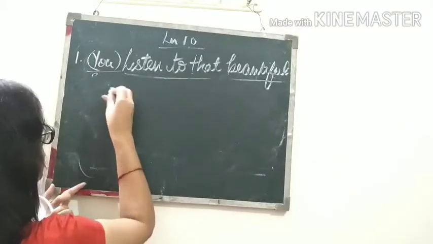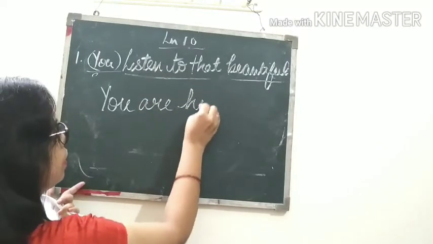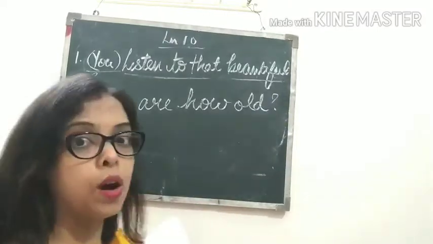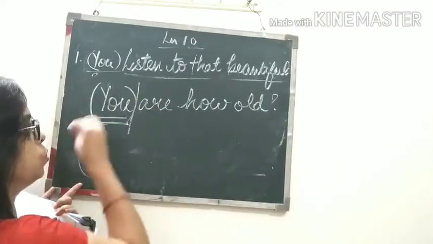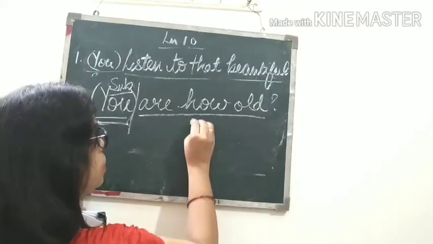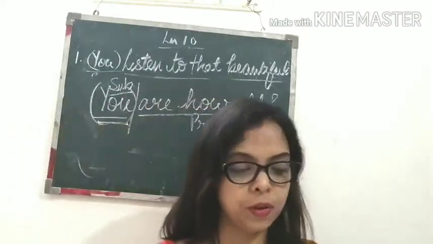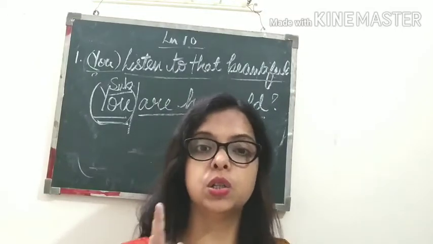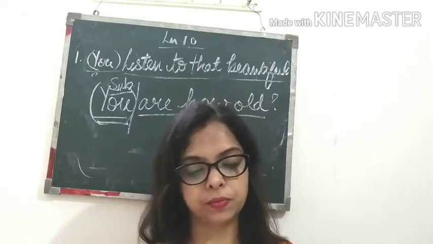We are talking about you, so you will be the subject and are how old will be the predicate. So if we see the original sentence, how old are you, you is the subject and how old are is the predicate.